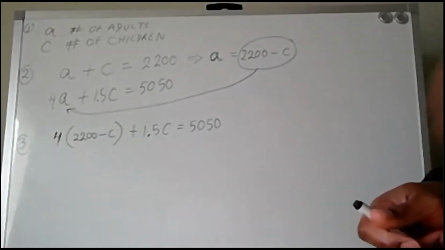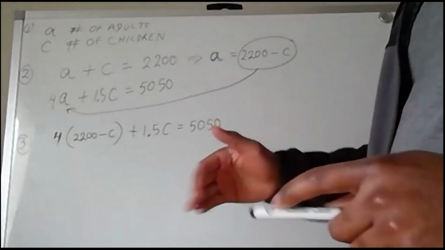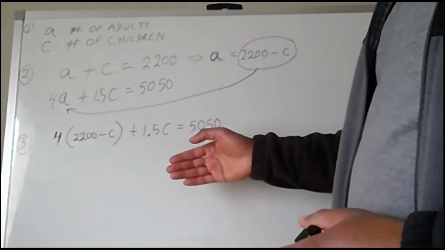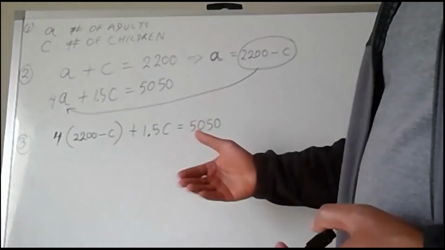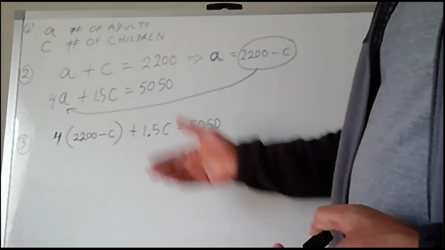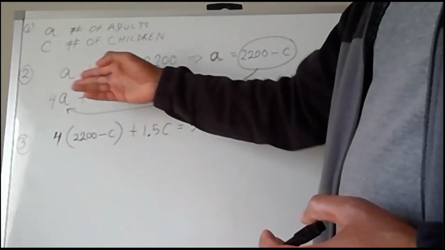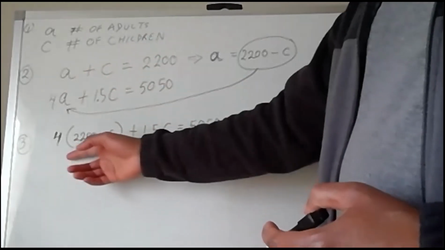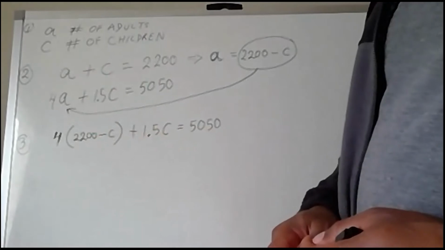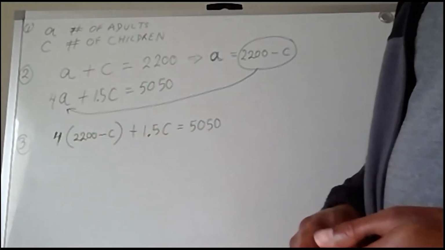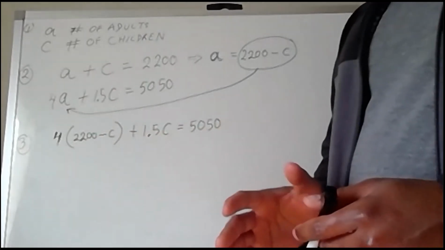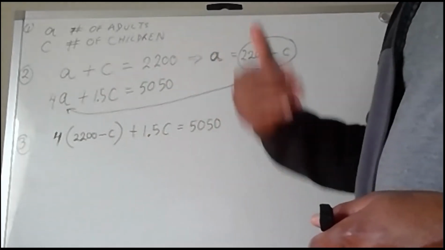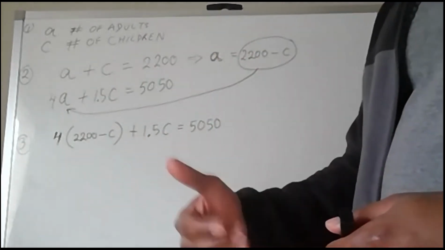Now if you look at this equation, you'll notice that there's only one variable. We started out with 2 variables, A and C, adults and children. But here, I only have one variable, C, which is exactly what we want, because we are only going to be able to solve this system if we can solve for one variable at a time.